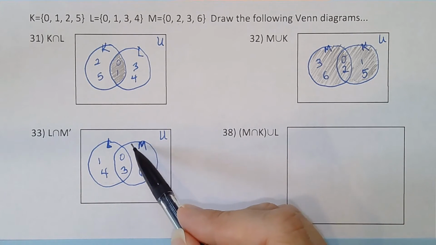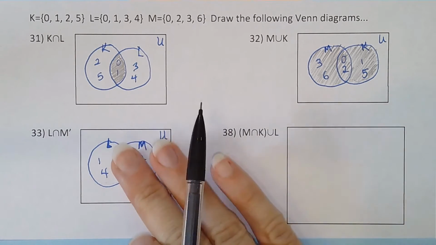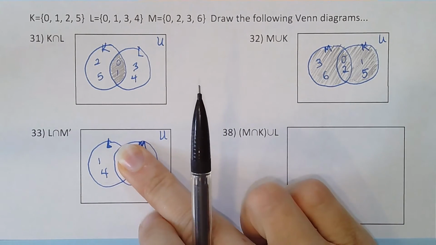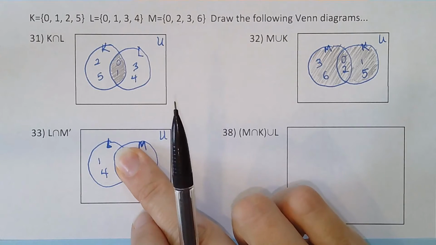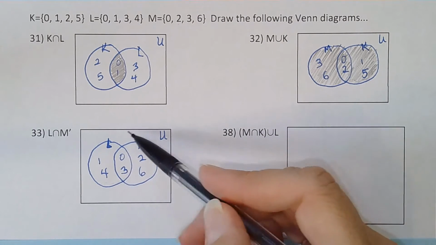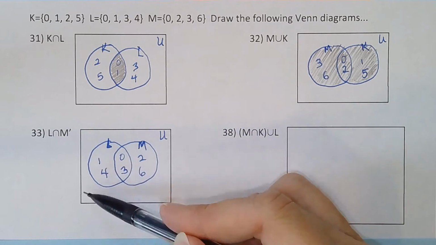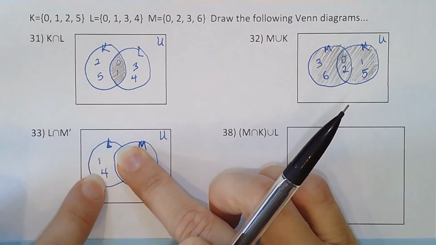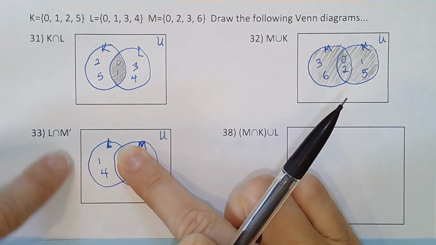The complement of M is everything that's not in M, right? So we want everything that's not in that circle. So if I block out that circle, I want everything that's not in that circle. That could even include the things out here in the universe, right? So everything that's not in M is going to be what you see here in L, and it would be everything out here in the rest of the universe.